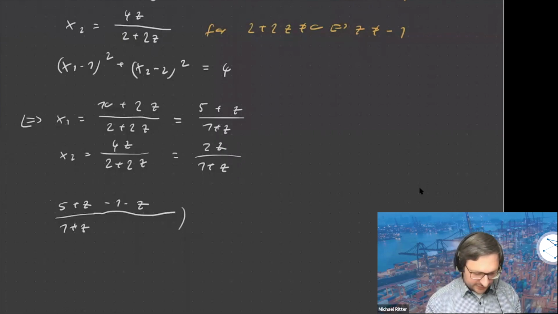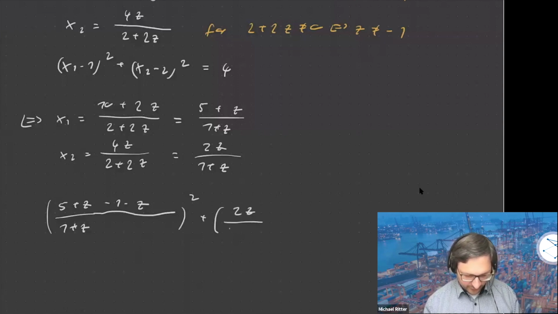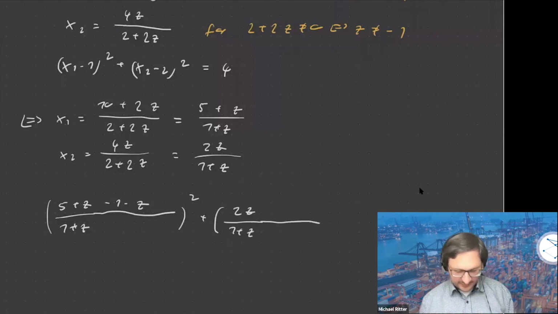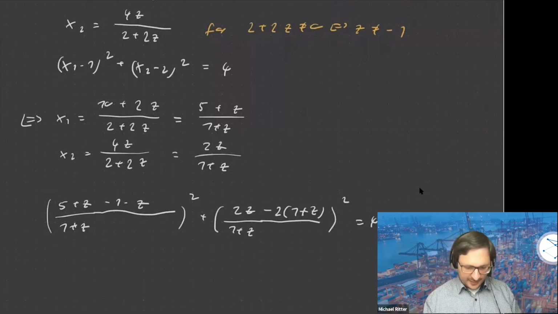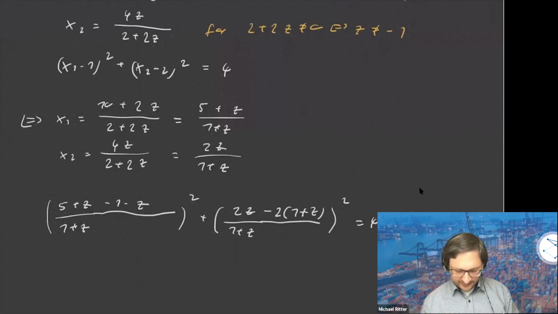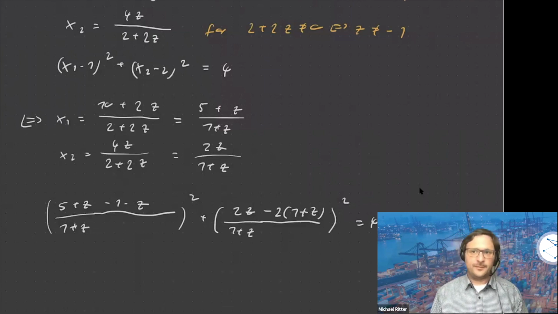So this expression squared plus, now we have x2, 2z over 1 plus z, and again, minus 2. Let's get that minus 2 onto that same fraction, and we have to multiply by 1 plus z here, the denominator. Squared, that's 4. And again, don't forget this is only true for z not equal to minus 1.